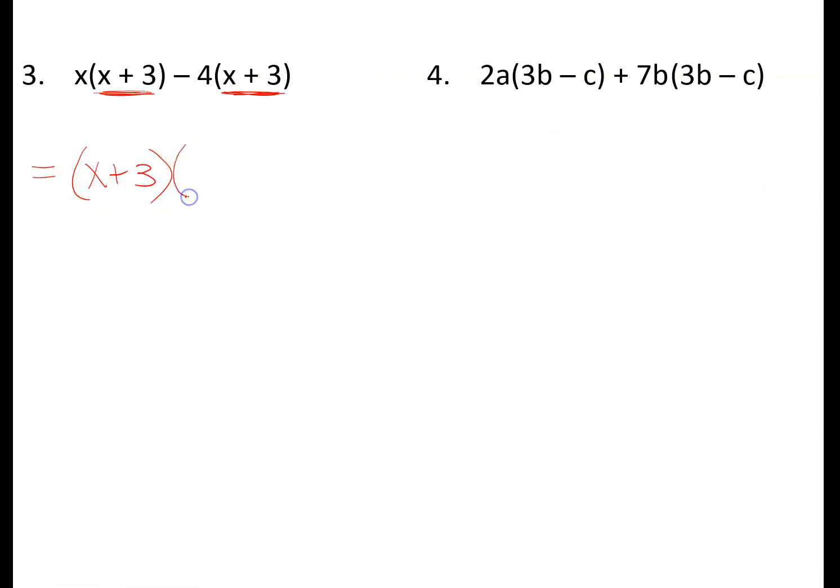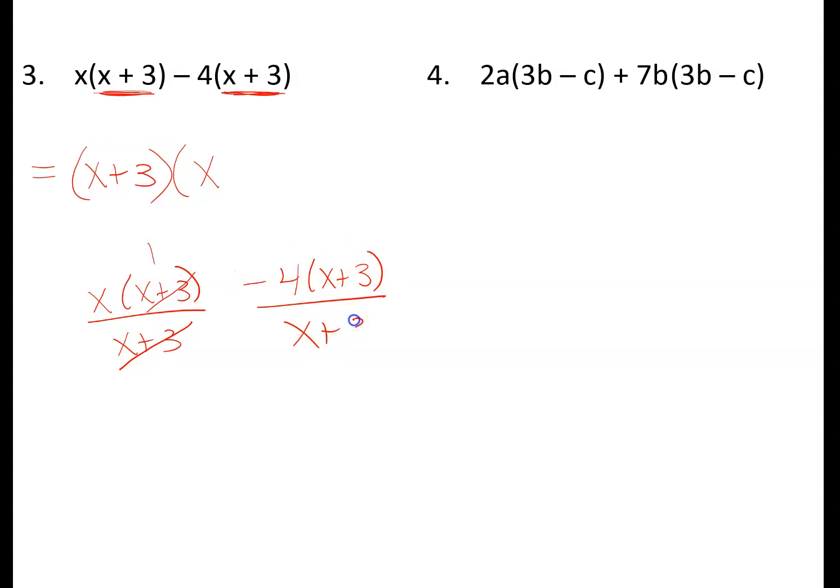And then we open. And we think about, well, if I have x times x plus 3, and I divide it by x plus 3, then that's going to leave me just x, and so x goes here. And now if I have negative 4 times x plus 3, and I divide it by x plus 3, that leaves me the minus 4.